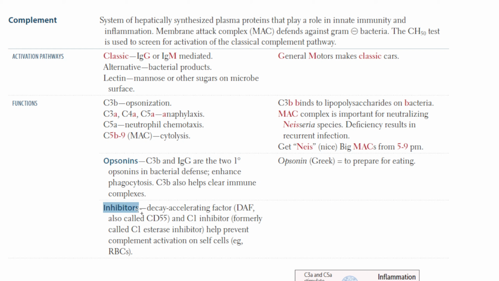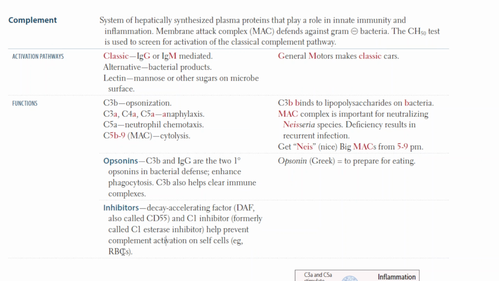So the inhibitors. It's important that this whole process of destruction or cytolysis doesn't destroy your own cells. That's why we have the inhibitors. The decay acceleration factor, DAF, also called CD55, and the C1 inhibitor prevent complement activation on self cells, for example red blood cells.